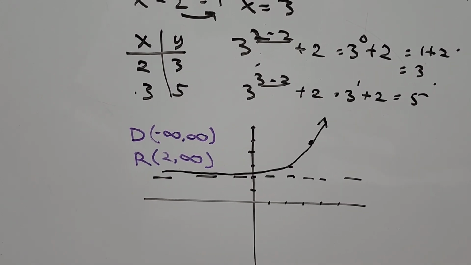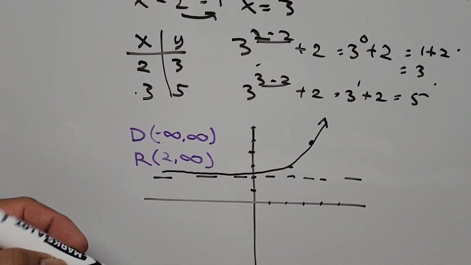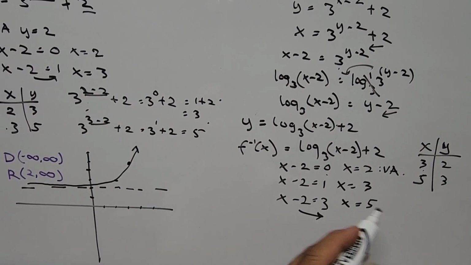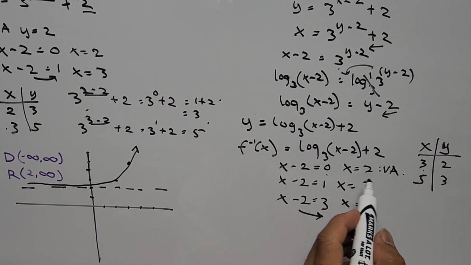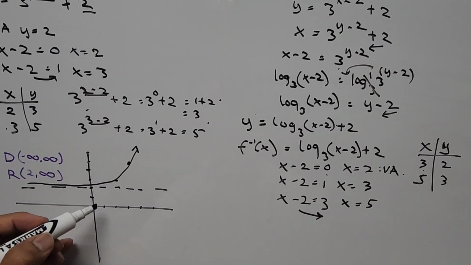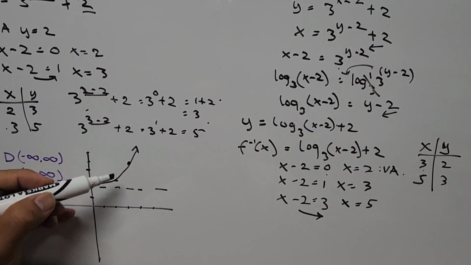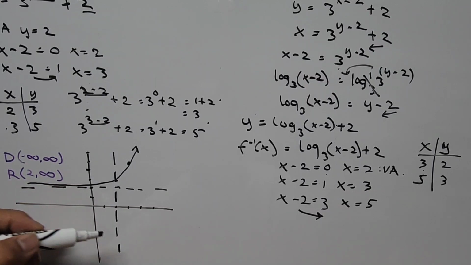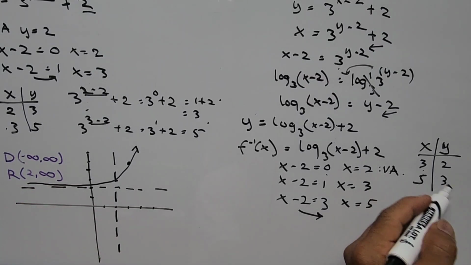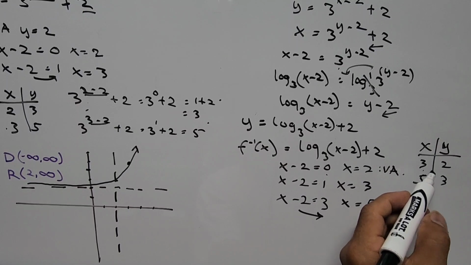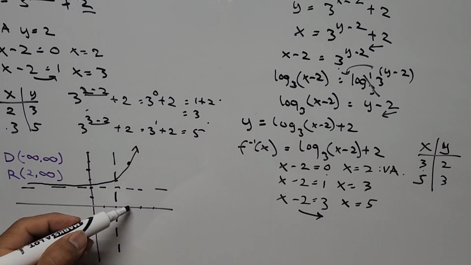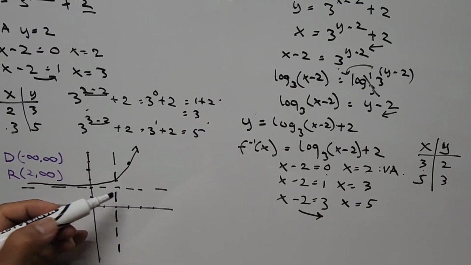Since we have that graph of the exponential function already, we can add this graph for the inverse function of this exponential function. So we have here the vertical asymptote at x equal to 2. And the 2 points in the graph: x is 3, y is 2.